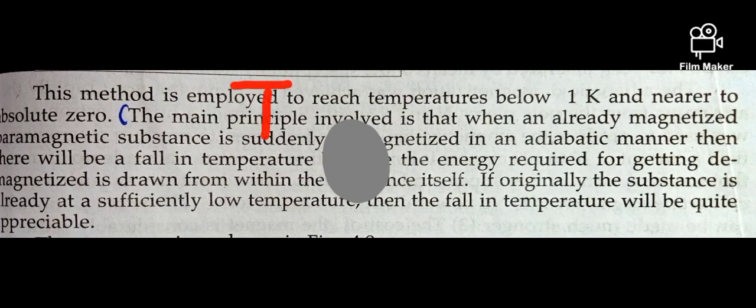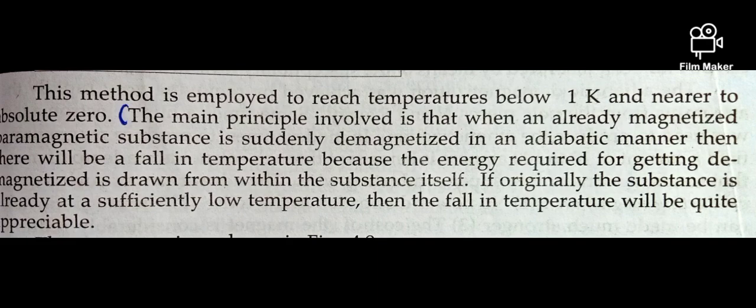Then there will be a fall in temperature, because the energy required for demagnetization is drawn from within the substance itself. The molecules inside the paramagnetic substance want to demagnetize, so they need some energy.